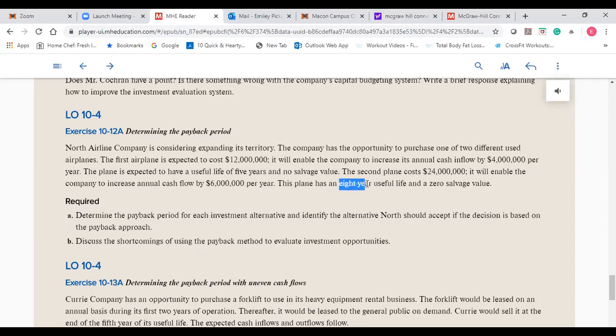So you can use the second one for 3 years longer than the first one. It's going to earn you $6 million per year more for an additional 3 years than the first one would. So if you look at it that way, the second alternative might be a little bit better. Does anybody have any questions on that?